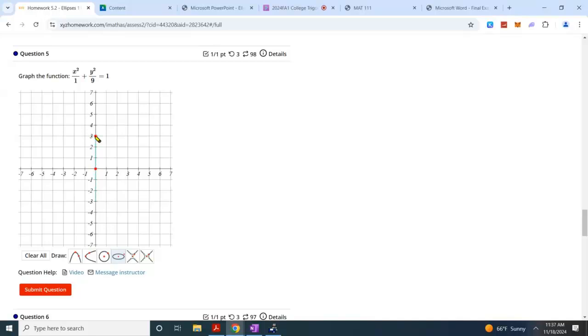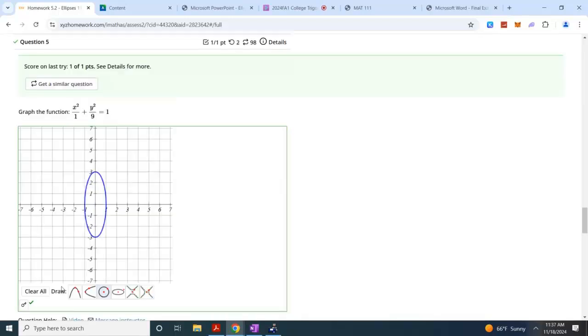I'm going to go 1 unit to the right, because B should be 1, so I'm going 1 place to the right. I'm going to click my mouse to set that in, and that is the graph. Any questions about number 5?